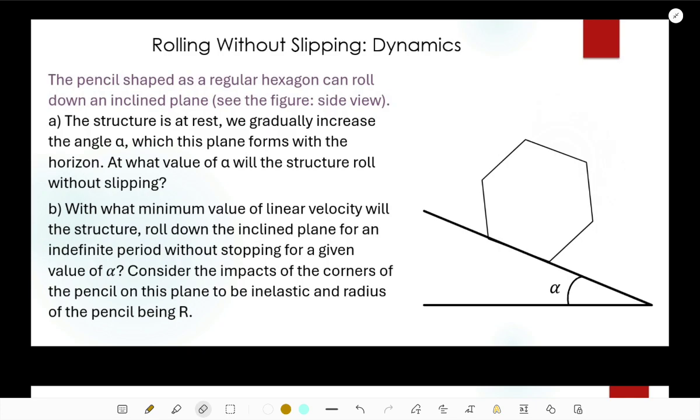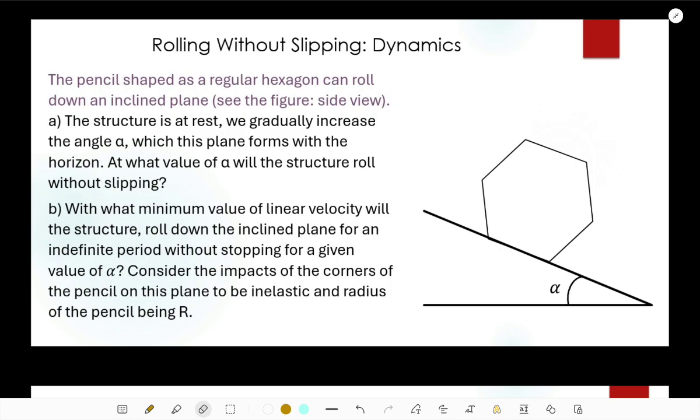The second part of the statement says: with what minimum value of linear velocity will the structure roll down the inclined plane for an indefinite period without slipping, for a given value of alpha? So you don't need to do anything with alpha. And there are also instructions to consider the impacts of the corner of the pencil on this plane to be inelastic.